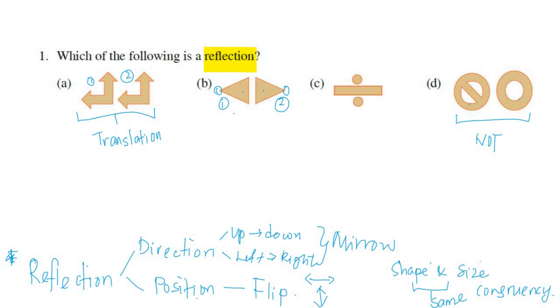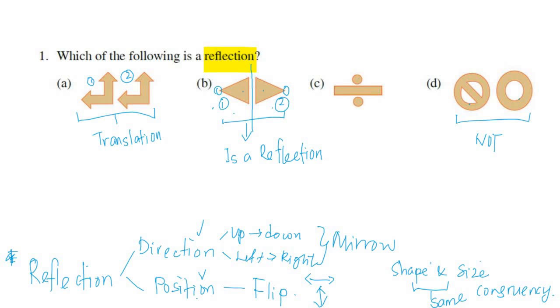So B is a change in direction and also a change in position. So B is a reflection. We can say it is reflected at the middle, flipped from left to the right.